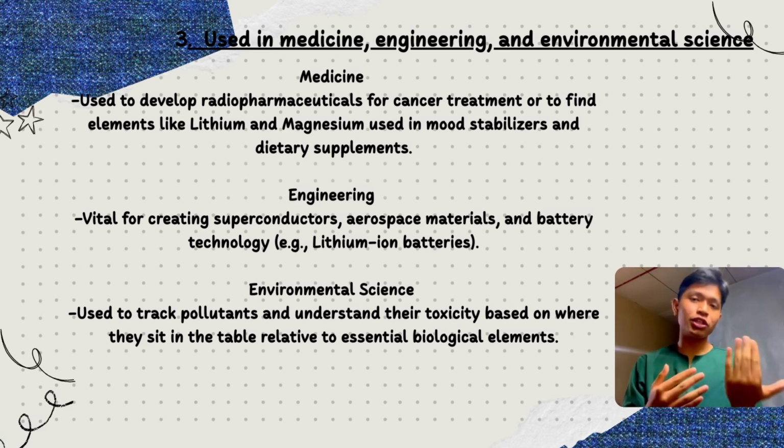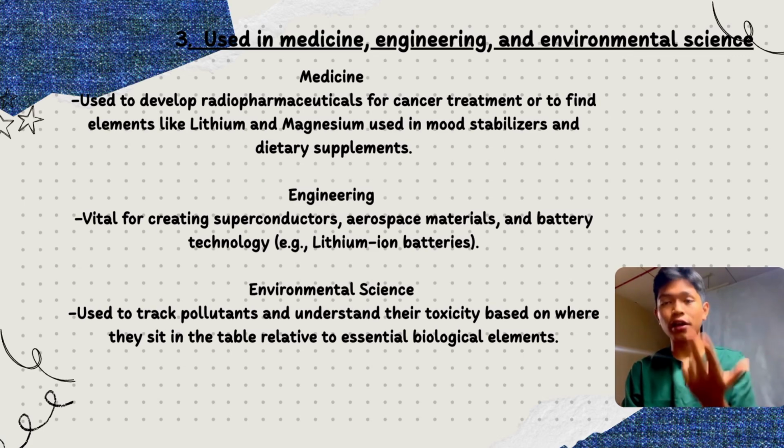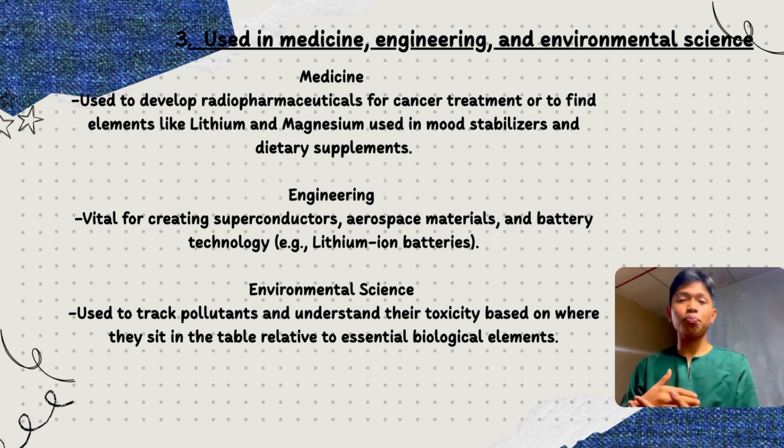And for engineering, for example, it is vital for creating superconductors, aerospace materials, and battery technology. I have given the examples. And lastly, for environmental science, it is used to track pollutants like heavy metals and understand their toxicity based on where they sit in the table relative to essential biological elements.